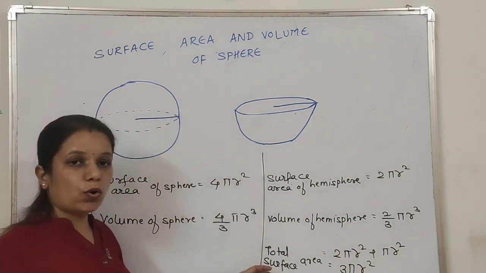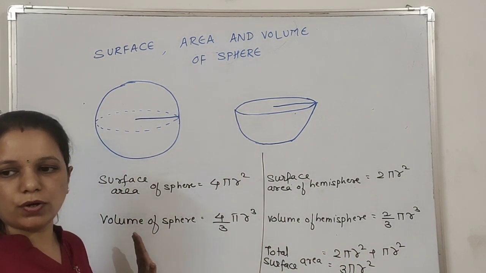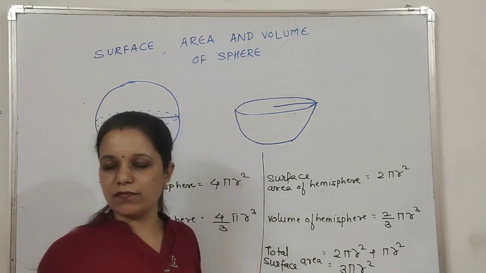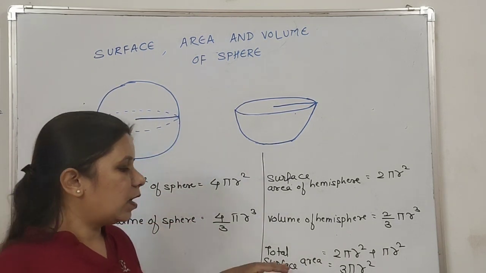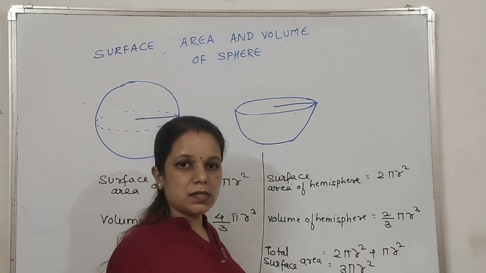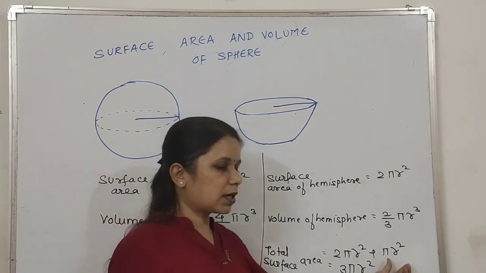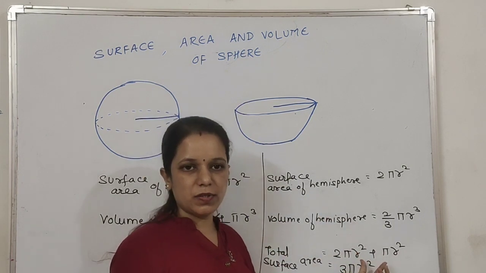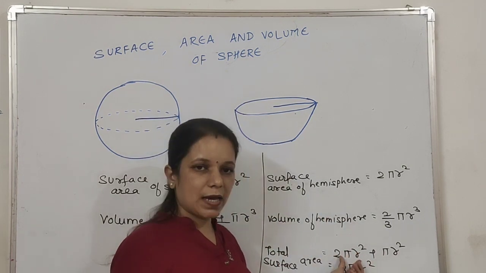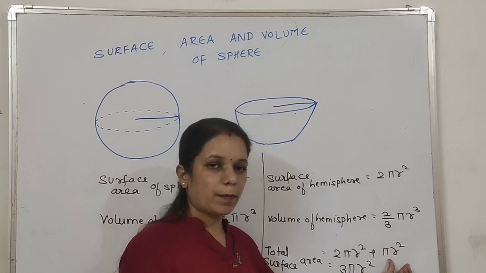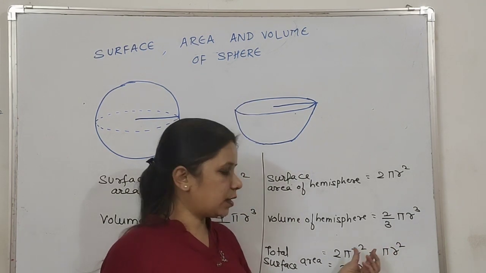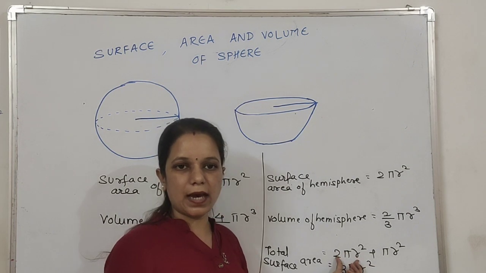Now total surface area, you don't have it for a sphere, we have it for a hemisphere. So the total surface area of a hemisphere is the area of a circle plus the surface area of the hemisphere, that is 2 pi r square plus pi r square. Area of a circle is given as pi r square and area of a hemisphere is given as 2 pi r square.